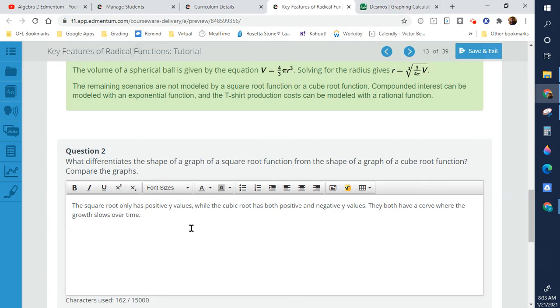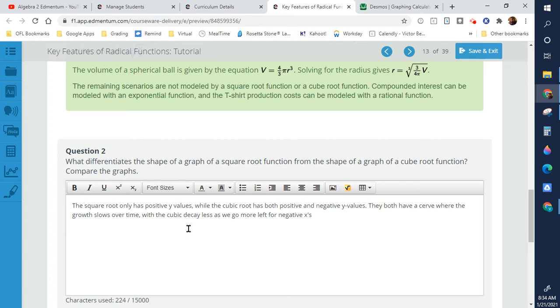And then we can say with the cubic root, it's decaying less as we go more left for negative x's.